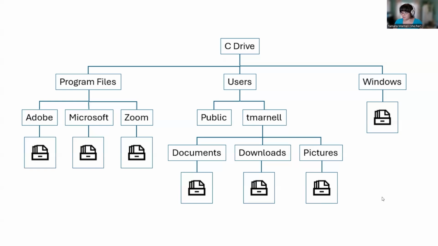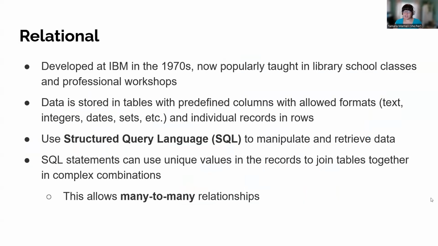So in the 1970s, IBM developed the relational database model, which you might see referred to as RDM. And this is what is popularly taught in library school classes and professional workshops today. So you will see structured query language, SQL, many workshops, many resources on that.